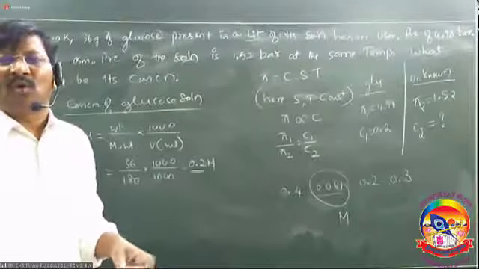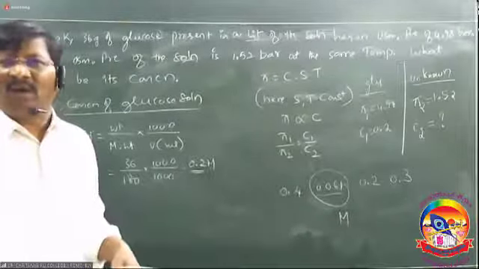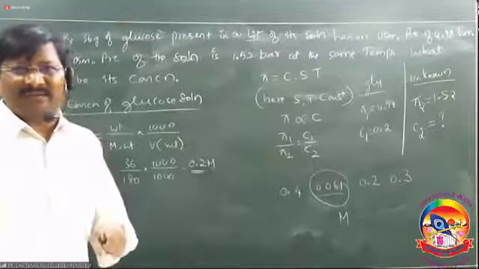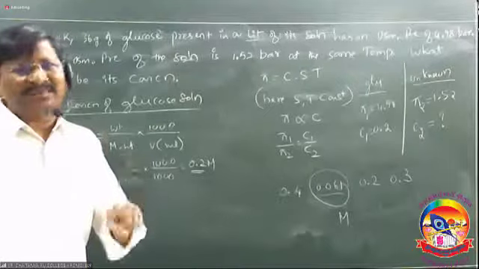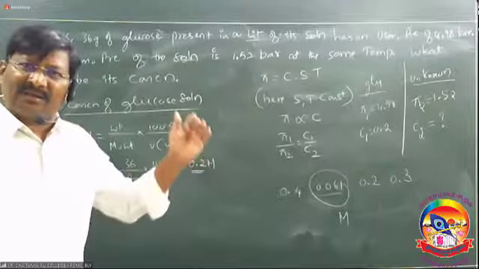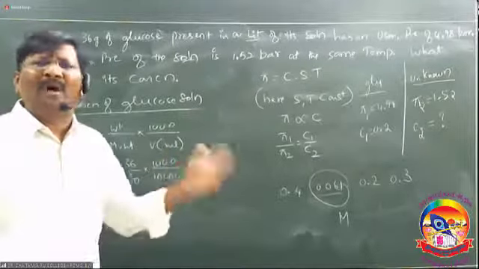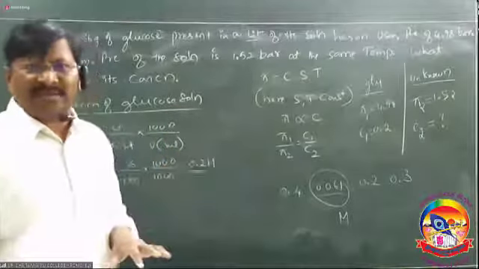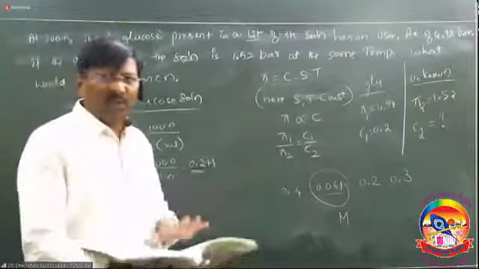So we have to introduce the factor, but I have not yet taught it. Next class I will teach it. That is abnormal colligative properties, and after that I will go to those. So now the next one.